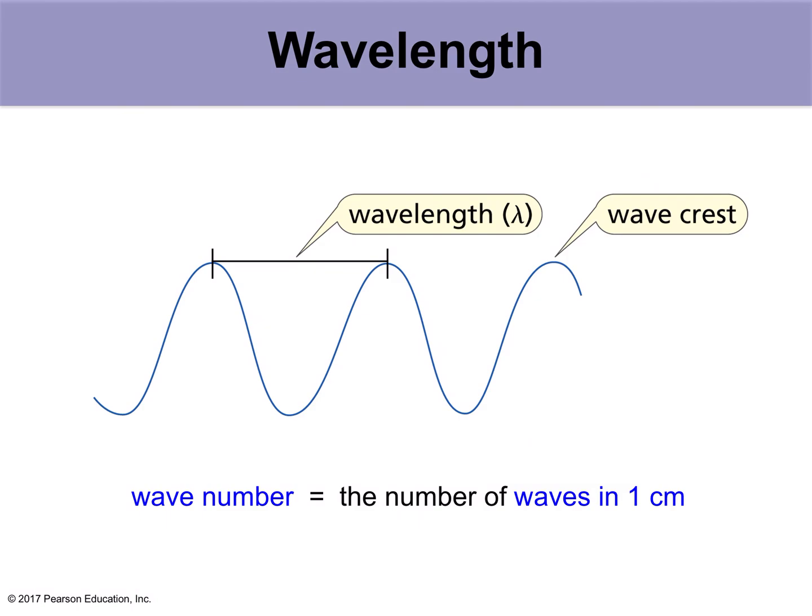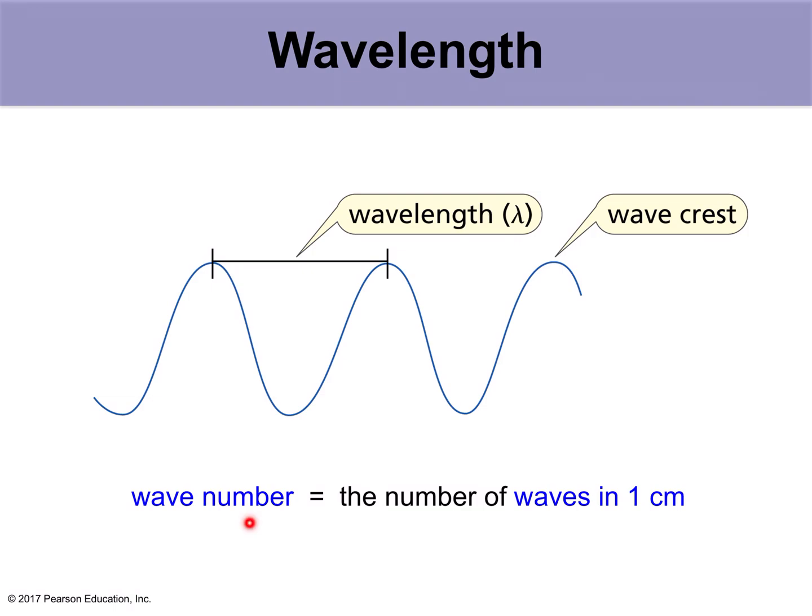So this is the wavelength. This is a wave, and we call this the wave crest, and these are troughs. The wavelength is going from one crest to another crest, or one trough to another trough. The frequency is how many times the wave passes per second, how many cycles per second.